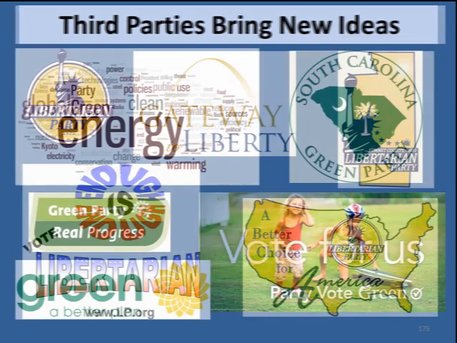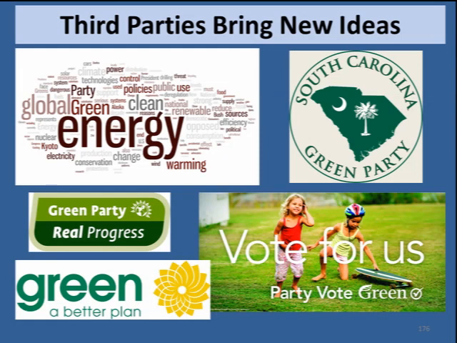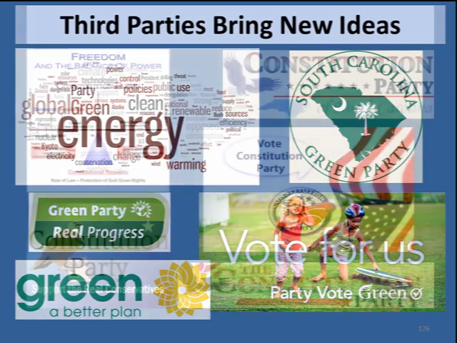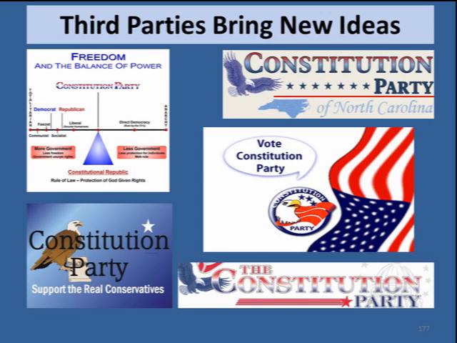The Green Party promotes grassroots democracy, social justice, nonviolence, and environmentalism. The Constitution Party wants greater power given to the states and a federal government guided by a strict interpretation of the Constitution.